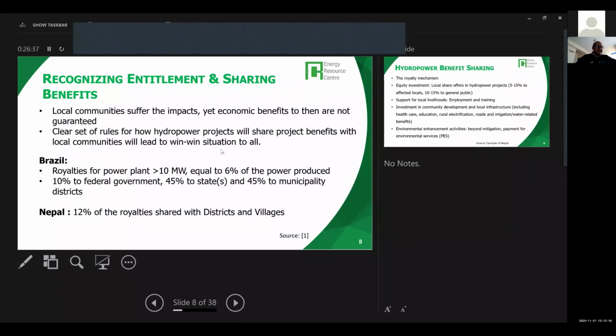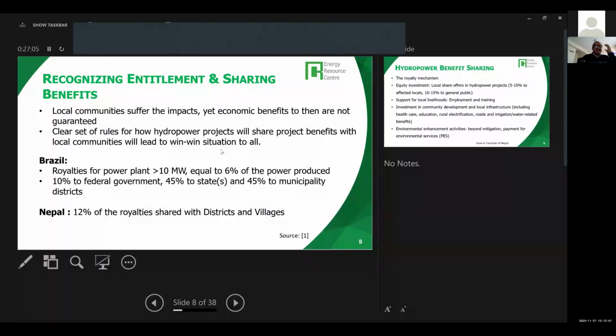The project will be in a particular location, but most of the power energy generated will go to a faraway city or to the national grid. So sometimes the local communities may not feel that they are benefiting from this project. So a clear set of rules on how hydropower projects will share project benefits with local communities will lead to a win-win situation for all.